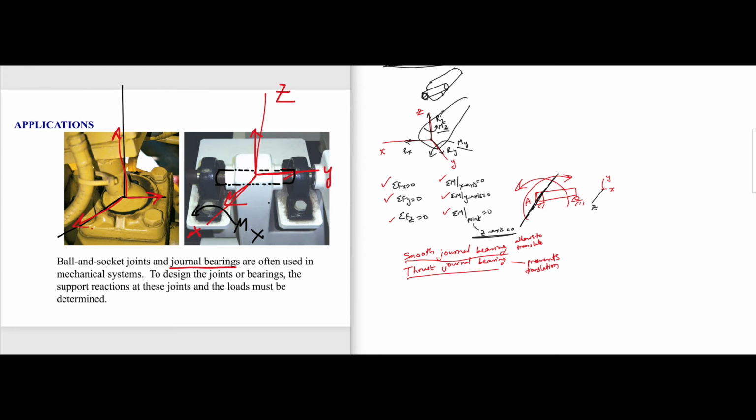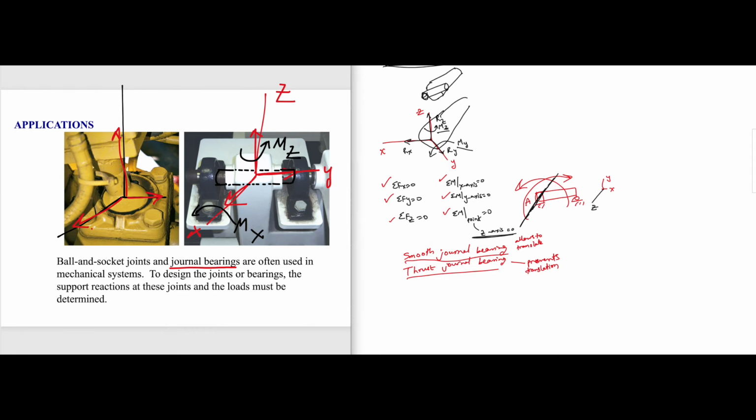What about y? Is it free to rotate with y? Yes, it is. That means we don't have a moment reaction with y. What about z? Is it free to rotate with z like that? No, it is not. Hence, we should give a moment reaction Mz.